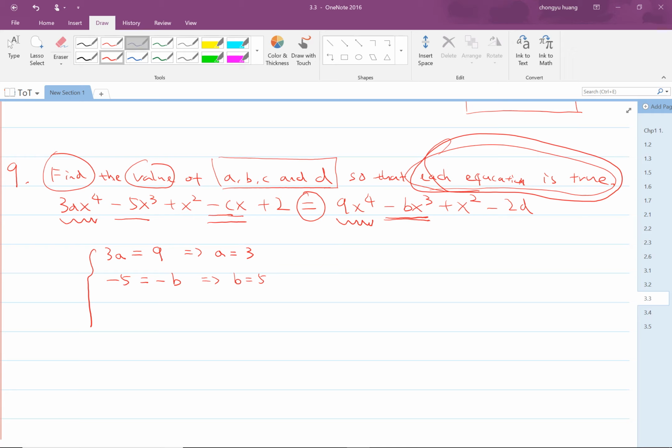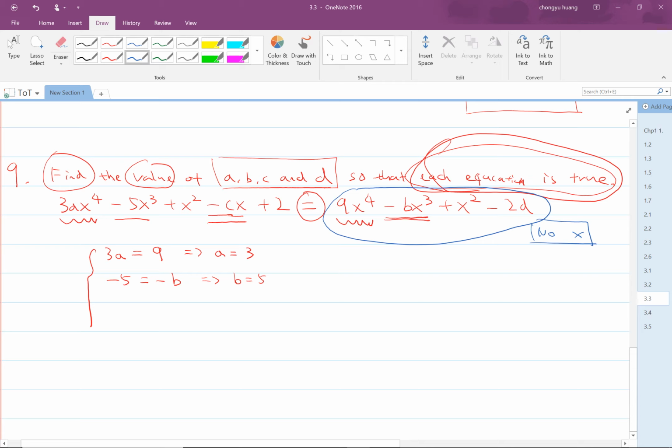Basically, on the right hand side in this equation there's no x. That makes sense.